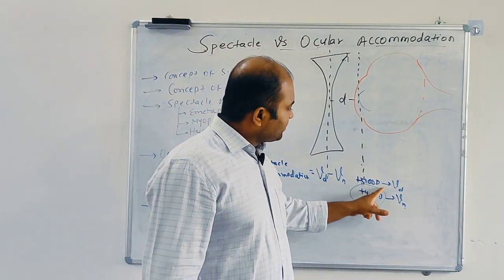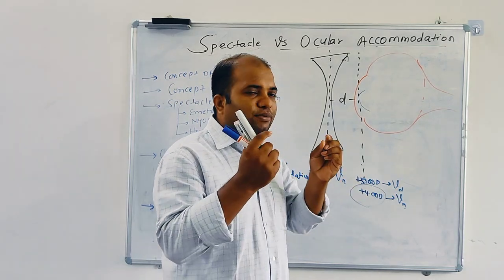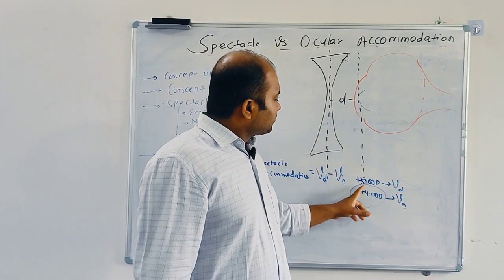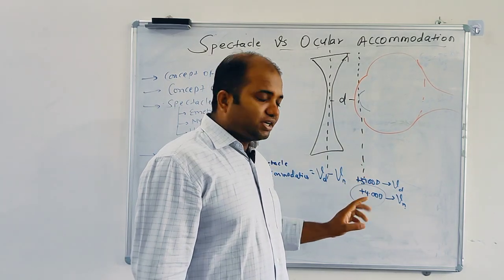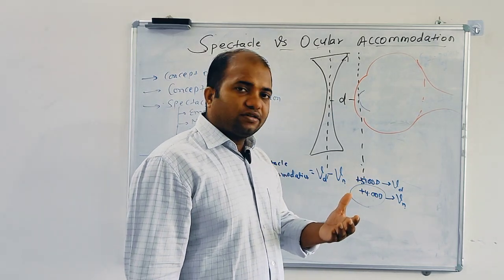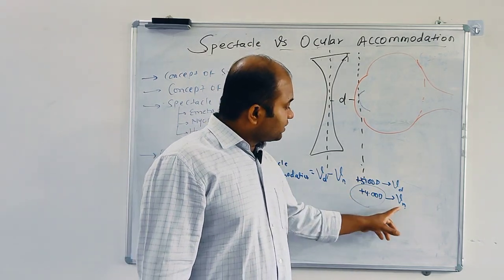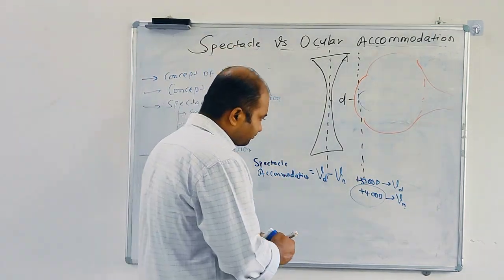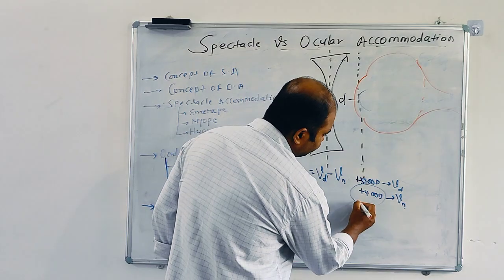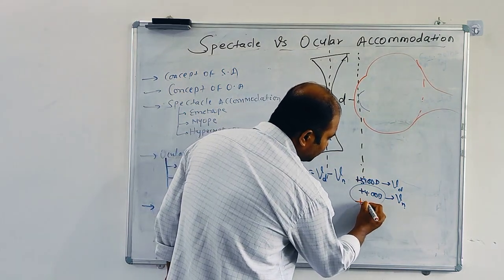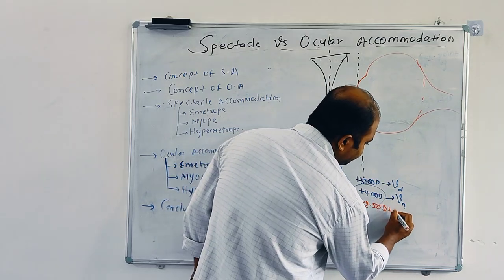For example, another example we'll take. Let's assume +5 diopter is the vergence at distance. You are +5 diopter hyperope, and you are wearing glasses. So let's assume at this plane, when we did the calculation, +5 diopter vergence is there, right? And when you are seeing near at 40 centimeter, let's assume the vergence of light at near becomes not +4 now but +2.5 diopter.